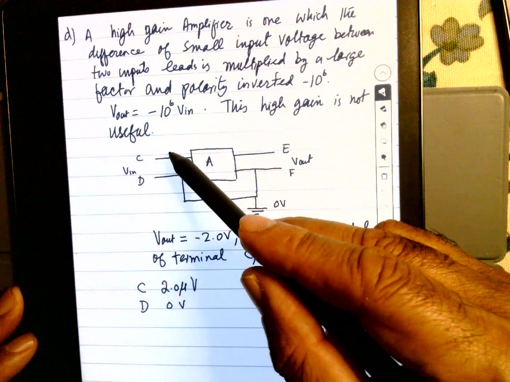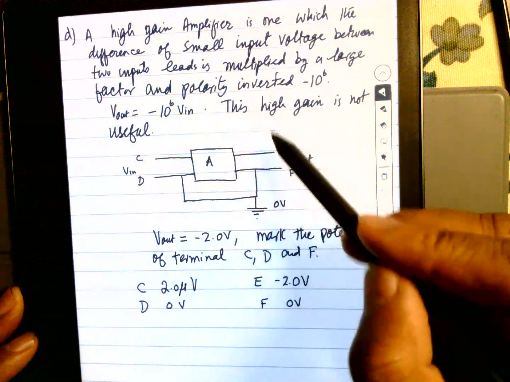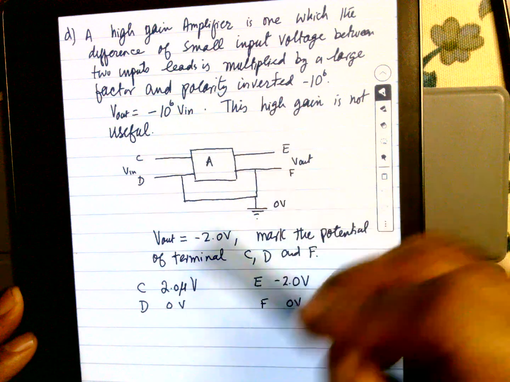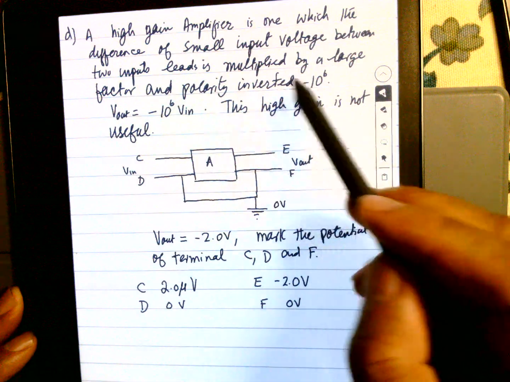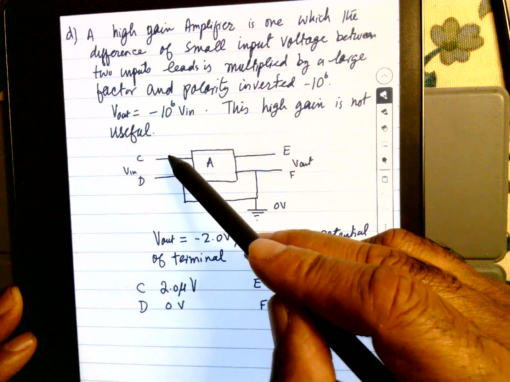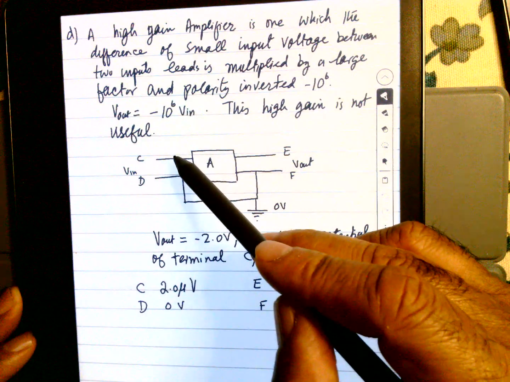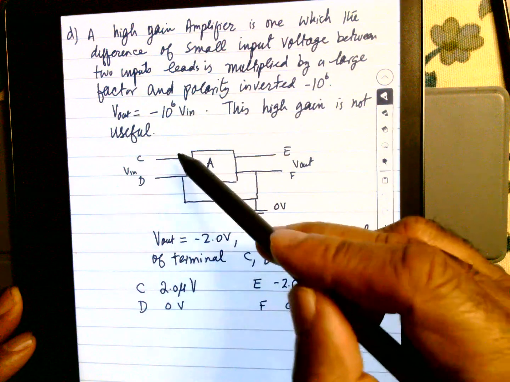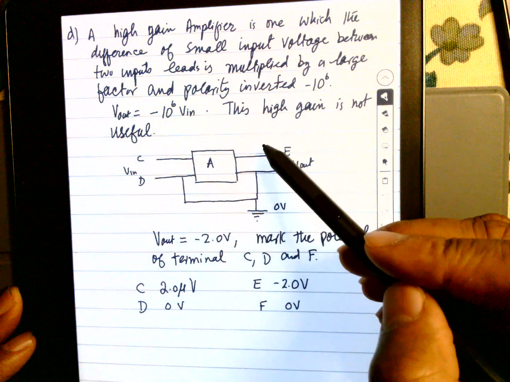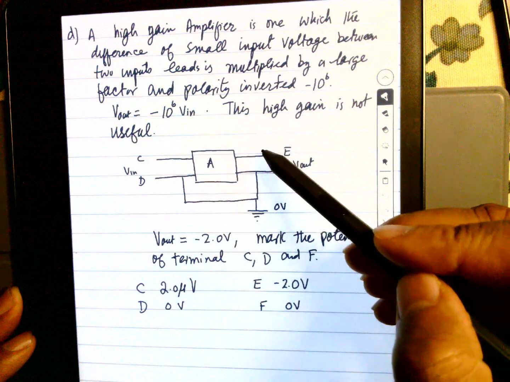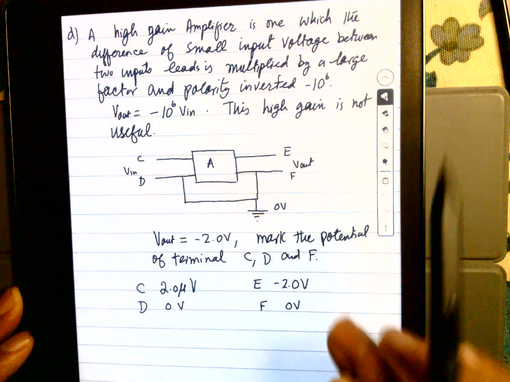So this is a 2 and this is 10 to the power 6 times, with the minus sign, a negative, inverted. So inverted, this is negative. So this is 2, this will be minus. This is minus 10 to the power 6 multiplied by 2 × 10 to the power minus 6, which is 2.